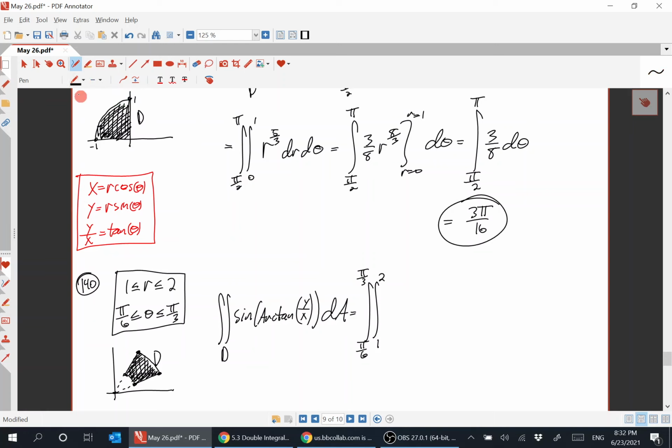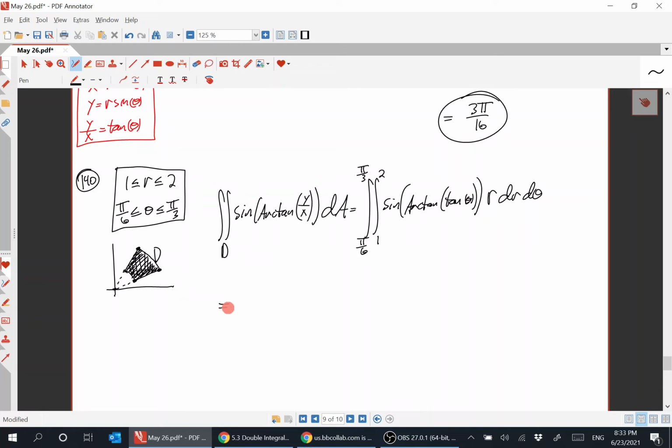So what does this become? It is sine of arctangent of tangent of theta, r dr d theta. Well, arctangent of tangent of theta is just theta. So this is equal to the integral from pi over 6 to pi over 3, sine of theta.